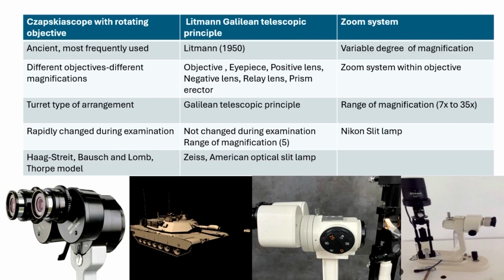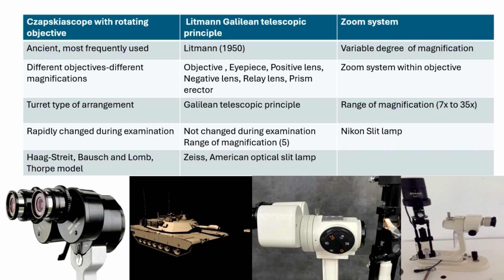In the Haag-Streit microscope, when you are changing the magnification, it moves similar to that. So that is the turret type of arrangement. And we can rapidly change the magnification during examination, and this principle is incorporated in Haag-Streit, Bausch and Lomb, and Topcon models.